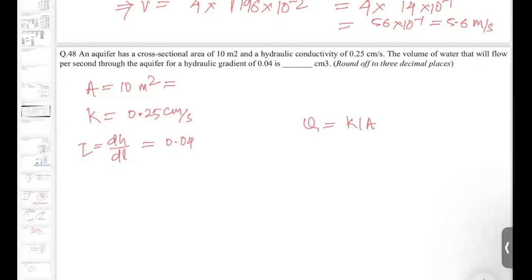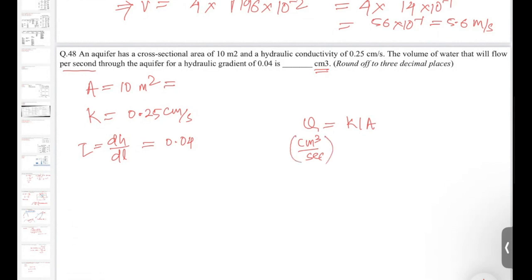Actually, they have given that per second how much water is flowing, that is in the unit of cubic centimeter. But the unit of this Q is cubic centimeter per second, or it can be cubic centimeter per day also, like volume by time.